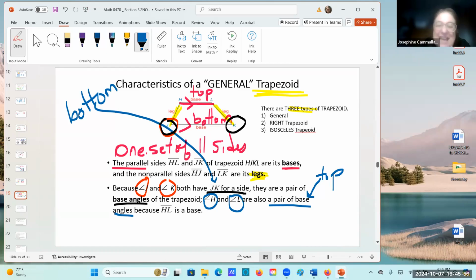HL is the top base. Because we have two bases, sometimes they're going to refer to top base and bottom base. Now, any questions so far with the general trapezoid?